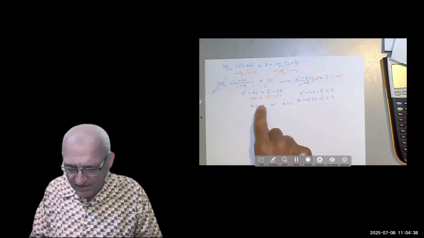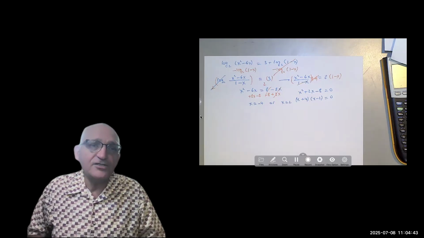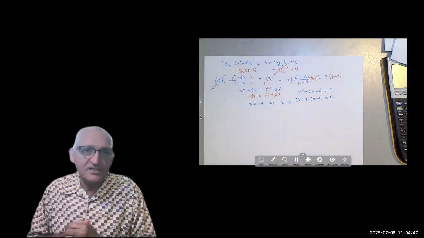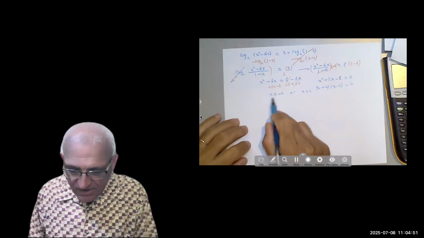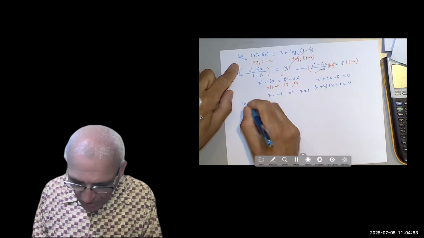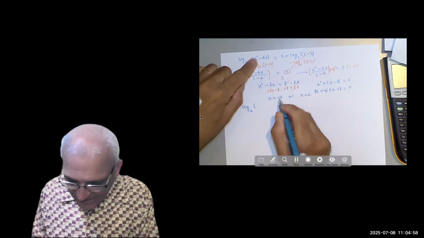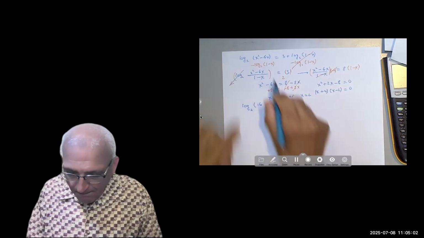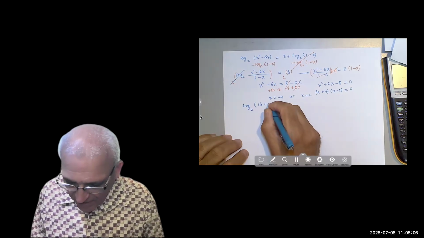Some people will say, oh, that cannot be true because it's negative. No, that isn't correct. You have to check whether the quantity between parentheses is negative, not whether x is negative. So let's try x equals negative 4. The left-hand side becomes log to the base 2 of x squared, which is negative 4 squared or 16, minus 6 times negative 4, which is plus 24.